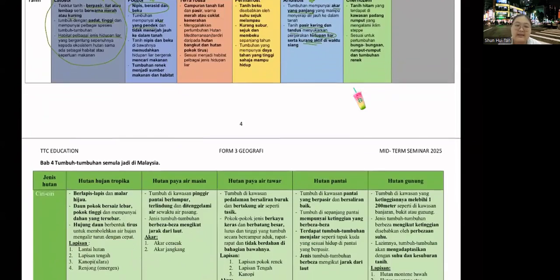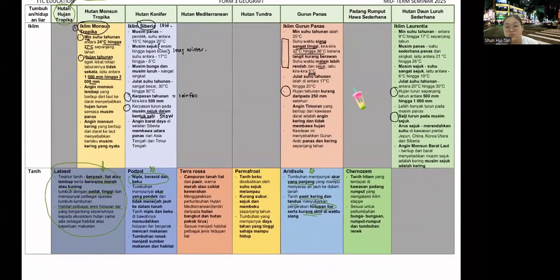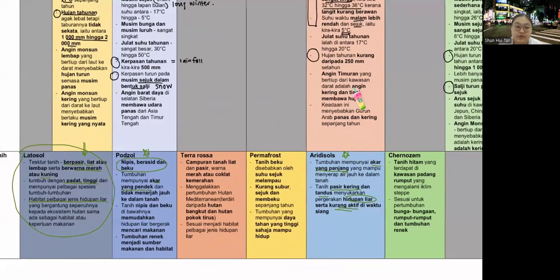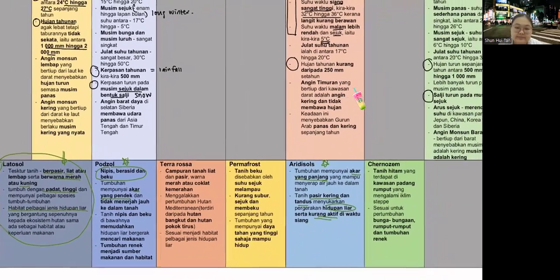Okay. For tani, yes, we do have a lot. But the one that is commonly mentioned, like I say, I draw the star for you, Podzol and the Aridisol. All right. Now, Podzol, you let me think.